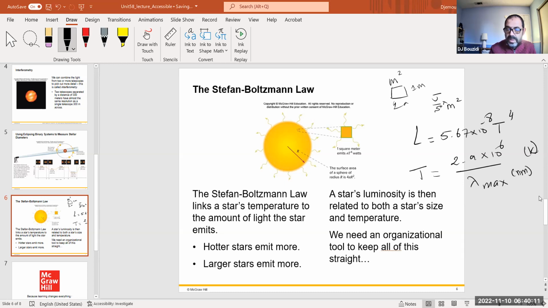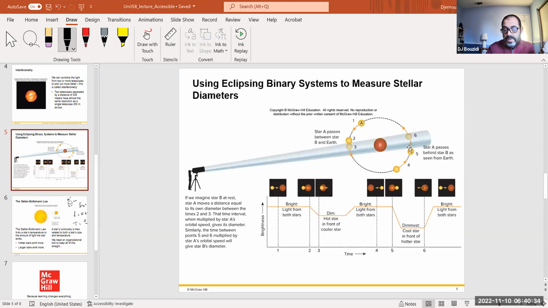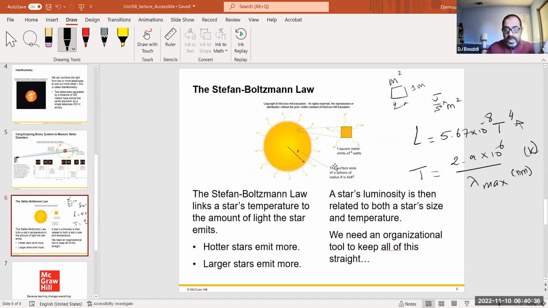So this is the technique used if you can find the color of the star where it maxes, using a spectral analysis. Then you're going to find the temperature. Once you find the temperature, you know how much energy is emitted by that star. If you somehow can find the size of the star, then you should be able to find the total energy emitted, so how bright it is.